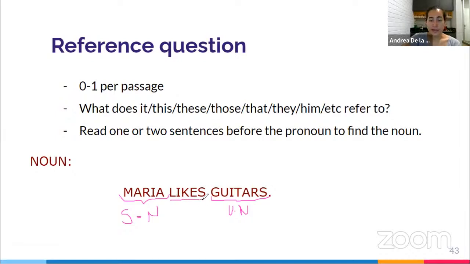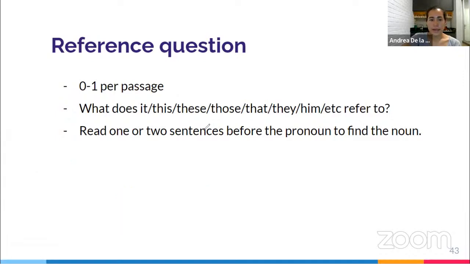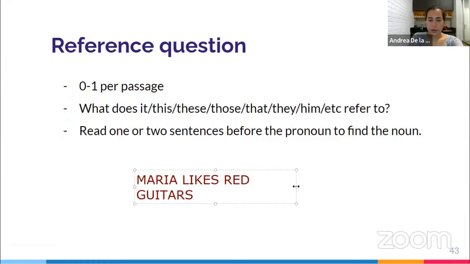Do you guys think that like or likes is a noun? We're going to go farther than that. Okay, just to give you more examples. We said Maria is the subject of the sentence and it's a noun.